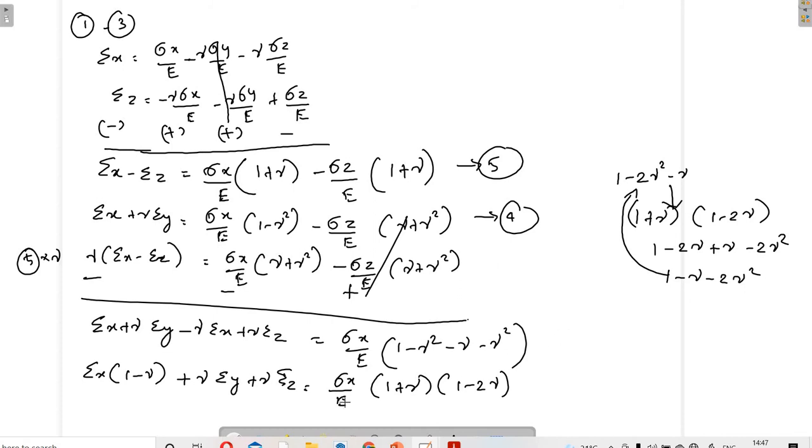So from this equation, I am going to get the value of stress in x direction, sigma x. By keeping sigma x on the left side and bringing all the components to the right side, we will get the complete equation.